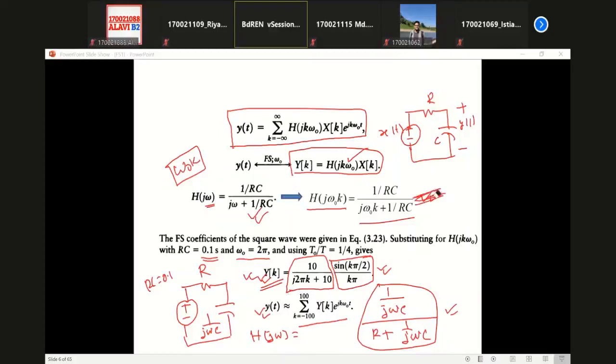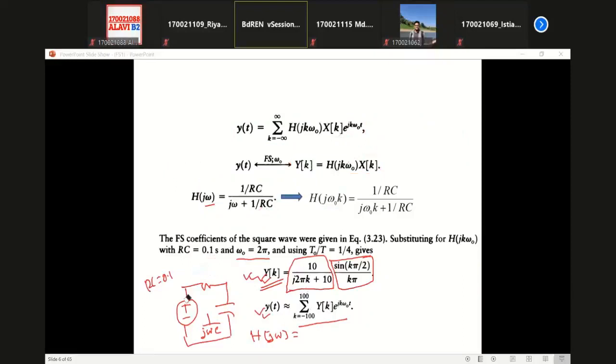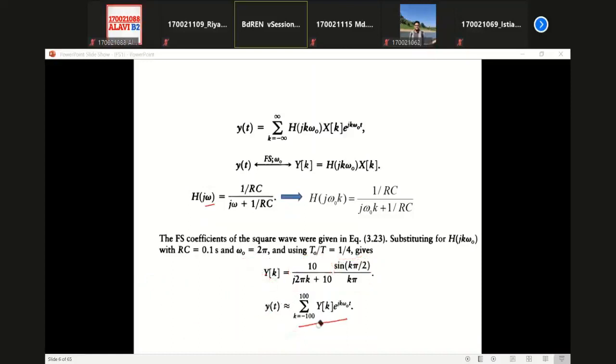Because the Fourier constant xk of your signal is a decreasing function of k, and you have already seen that. And the magnitude of the transfer function is also a decreasing function of k. As a result, the product yk equal to xk multiplied by H(j omega 0 k) is also a decreasing function of k. So we can always truncate this series using some finite number of terms.